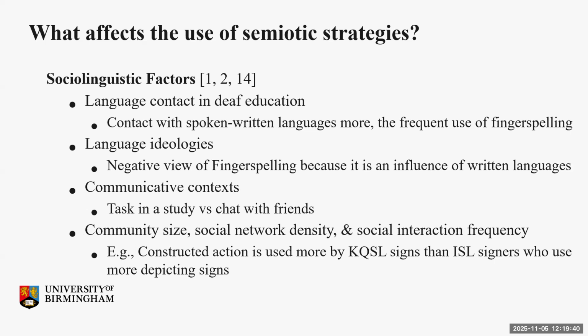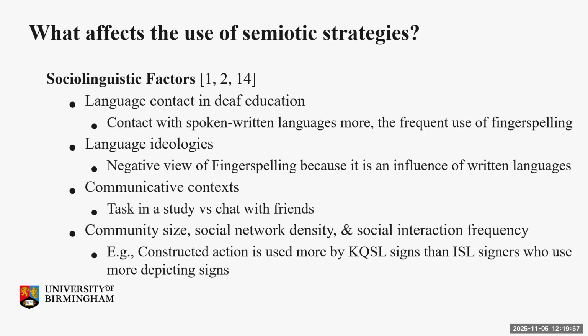Another set of factors are sociolinguistic factors, and here I'm providing a list of some sociolinguistic factors that have been talked about, but I want to focus on the last point: community size, social network density, and the social interaction frequency.